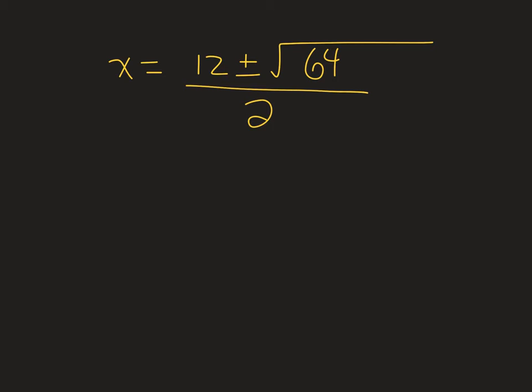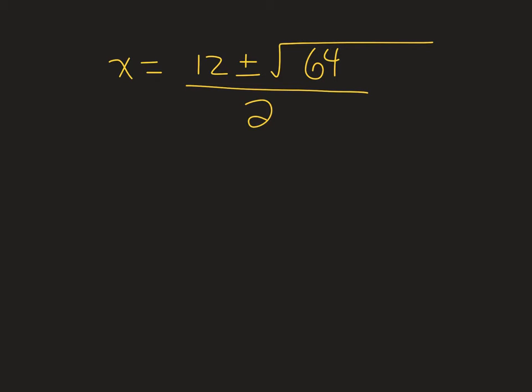So x is equal to negative 12 plus or minus the square root of, or was that positive 12? I'm sorry. Okay, 12 plus or minus the square root of 64 over 2. Now, this whole plus or minus stuff, what that means is we're going to do one with plus the square root of 64 and one with minus the square root of 64.